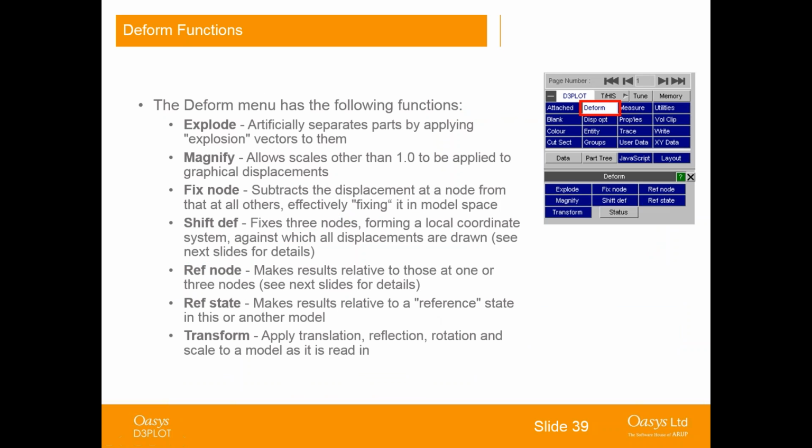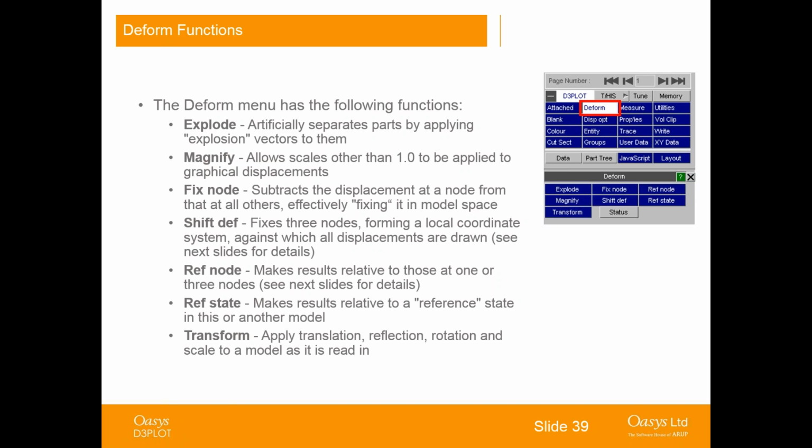Okay, some of the other tools that are useful are the deform tools. Under the deform menu, we can explode parts, and this artificially separates parts by applying an explosion vector. We can magnify, which magnifies the displacements.